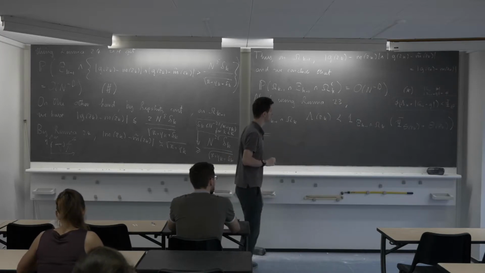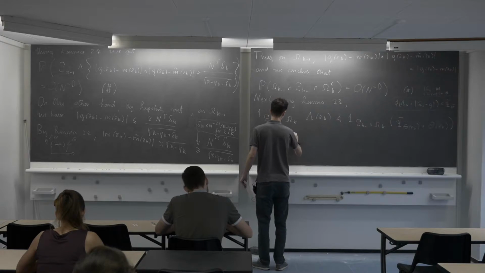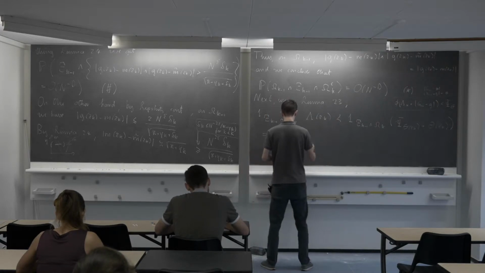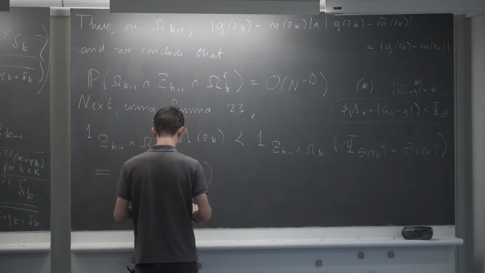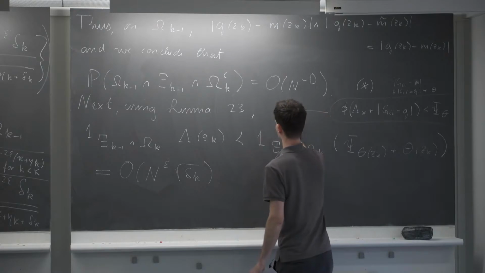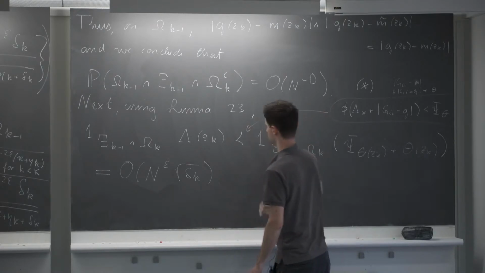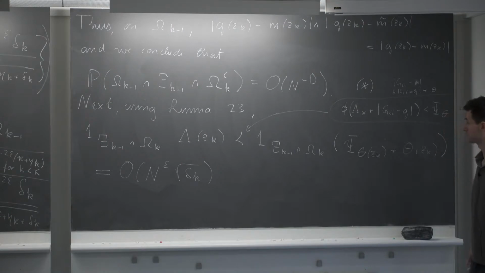And all that I care about now is that this is in fact of order n to the epsilon. So let me put this, what's that? This was of order n to the epsilon times square root of delta k.